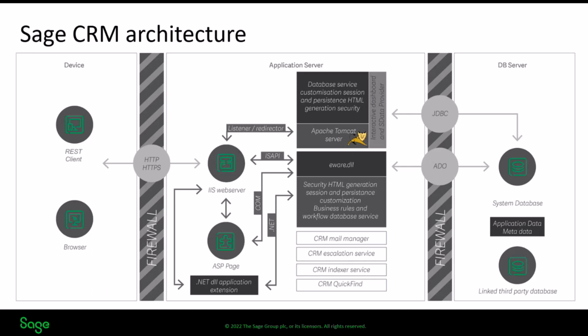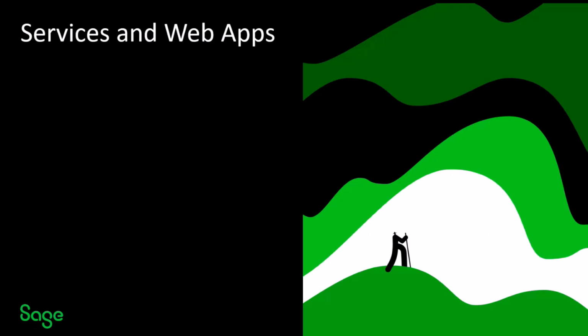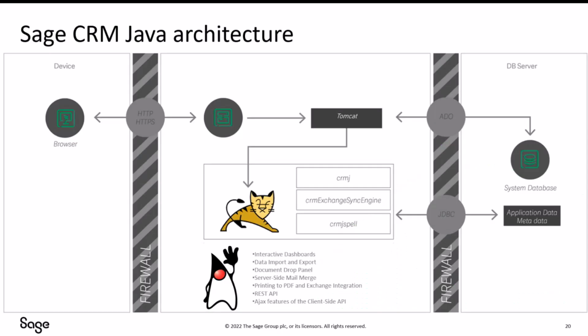Now let's look a little bit more at some of those services and the web apps and start to understand what's going on here. This is just focusing on the web app area that is managed through Tomcat and the use of Java, because in the end the language that Tomcat depends on is Java.